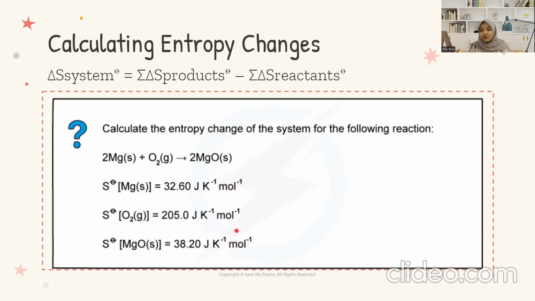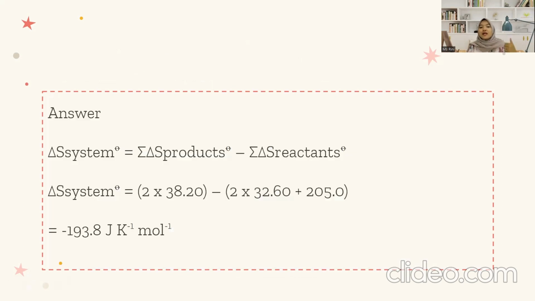Okay, please calculate first. Find the delta S system for this reaction. Done? Okay, good. Here, let's discuss. Because we have a coefficient in front of the product, multiply it by 2. 2 times 38.2 minus 2 times 32.6 plus 205.